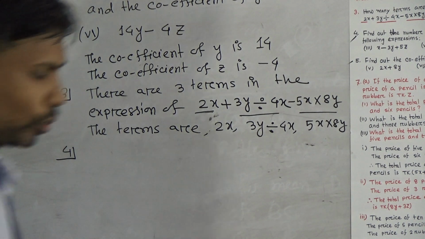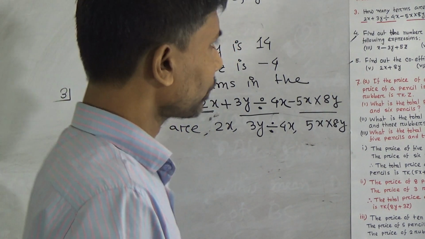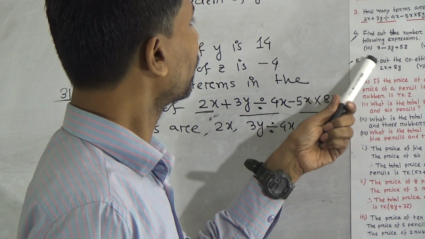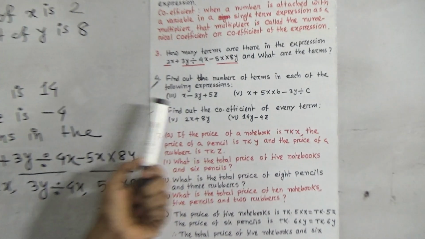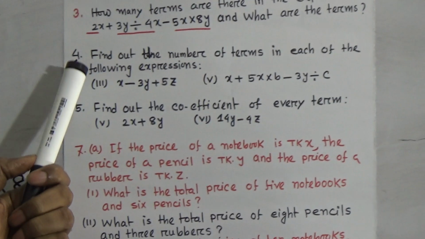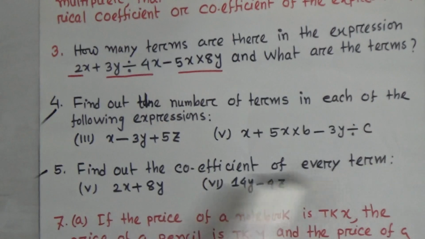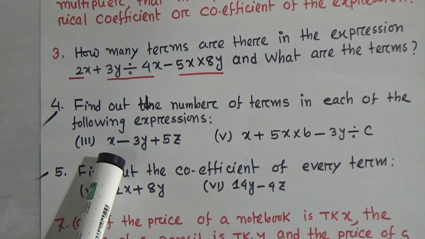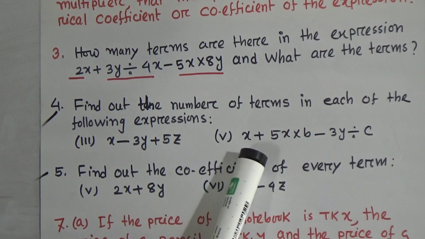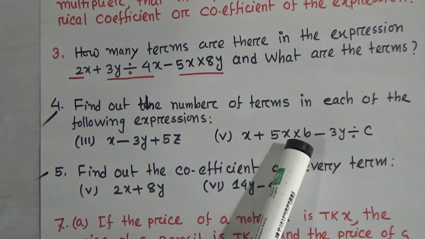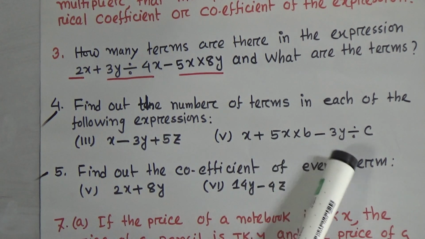Question number 4. Okay, student, you see. Question number 4. Find out the number of terms in each of the following expressions. Look, x minus 3y plus 5z, 5 number, x plus 5x into b minus 3y division c.